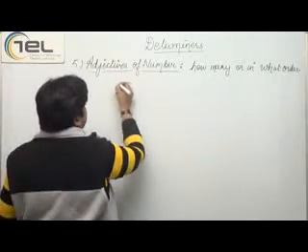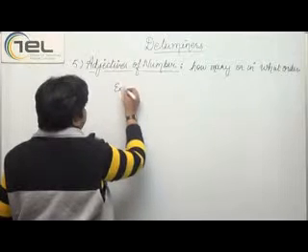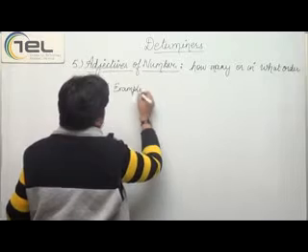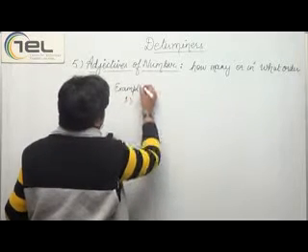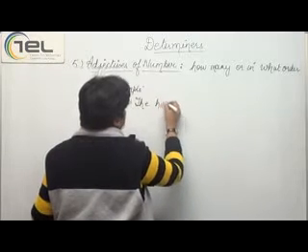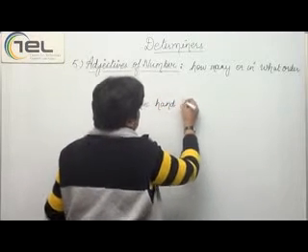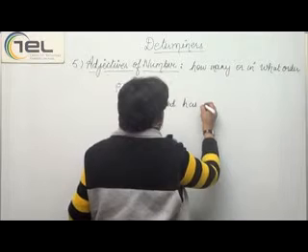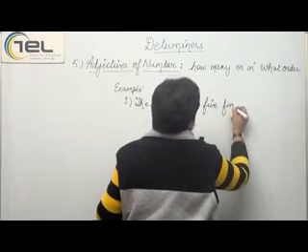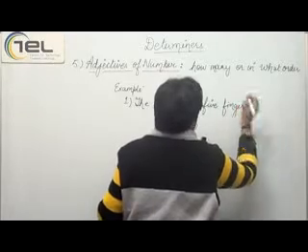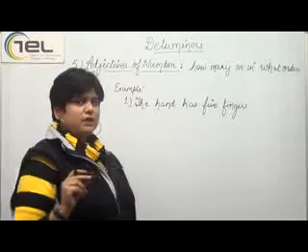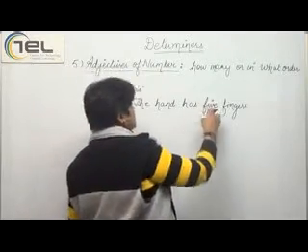Now let's take a few examples again. The hand has five fingers. Now there's a small tip I want to give. Whenever you write English, don't write numerals in between.